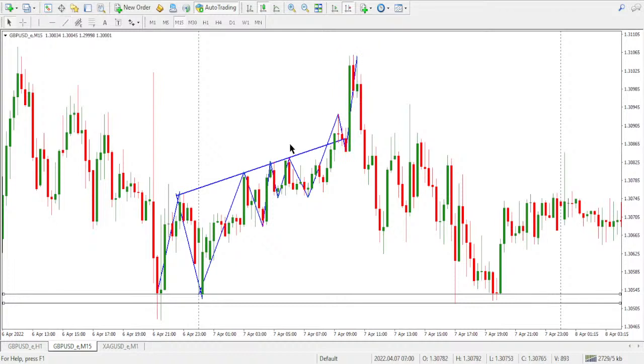So look at what's happening here. It looks like in this case the price keeps forming higher lows. We have the lowest low here, a higher low, a higher low, a higher low, and at the same time it's forming higher highs. This is a higher high, another higher high, and this high is higher than the previous one.